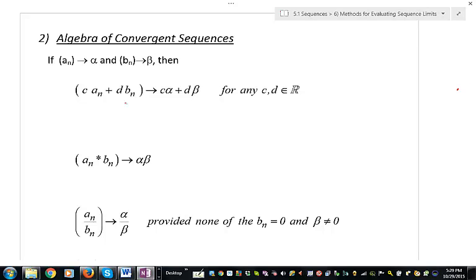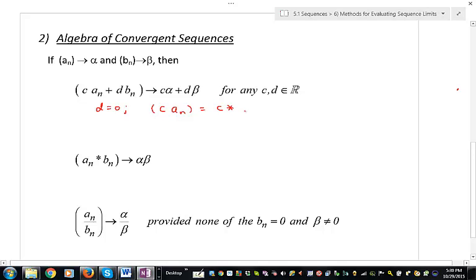It's useful noting that this general result contains some special cases. So for example, when d is equal to 0, we see that the sequence, when we multiply our known sequence by a scalar, is just that scalar times whatever that sequence converges to.